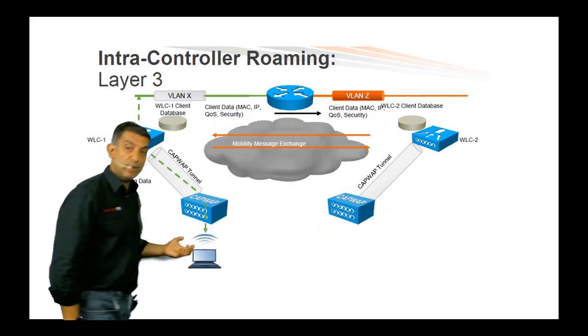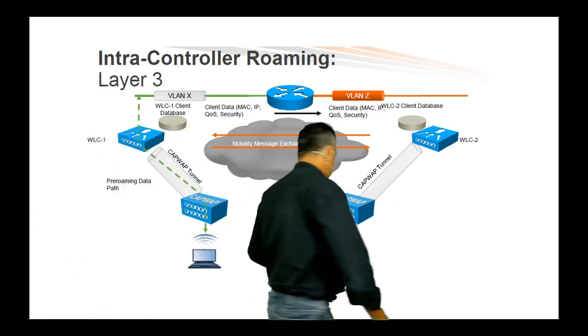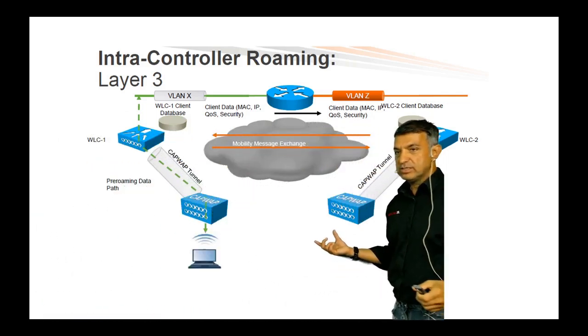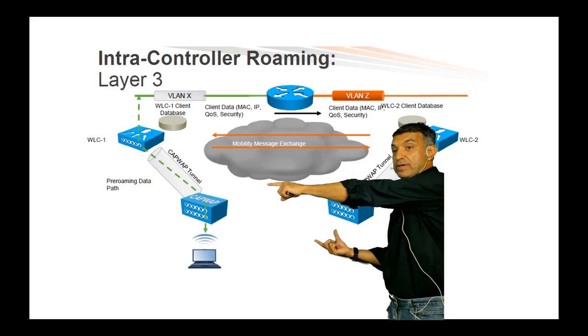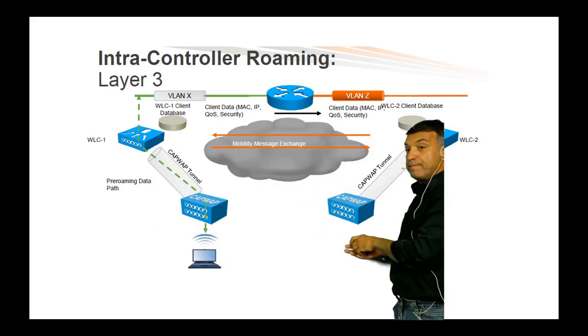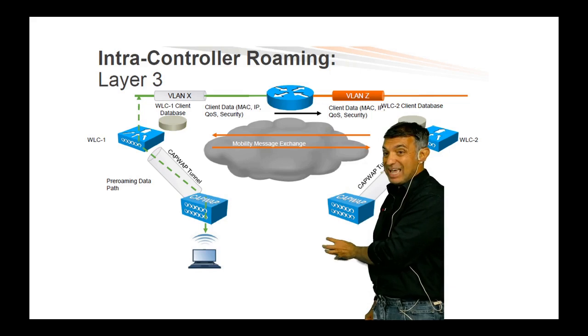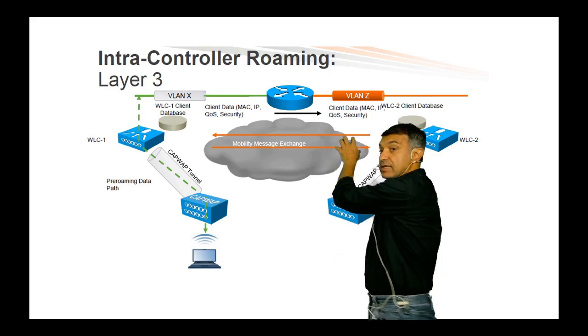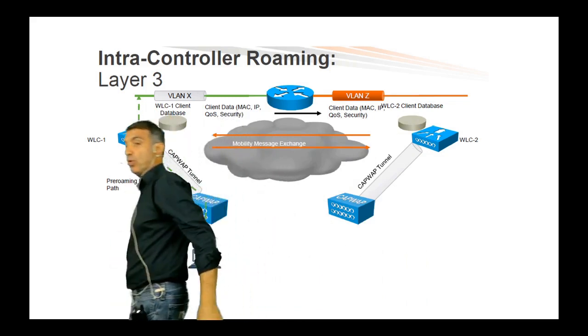So what will happen, why does it work? Because when the client goes through the authentication process, the client will keep the old IP address even if the client is in this new area, because it is like an IPsec or like a VPN. The client traffic will be tunneled back to the originated network.